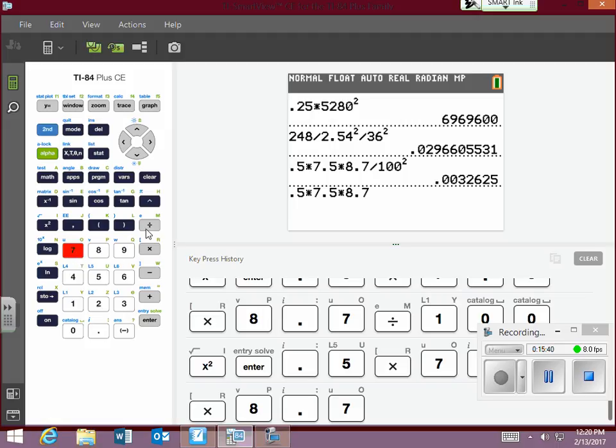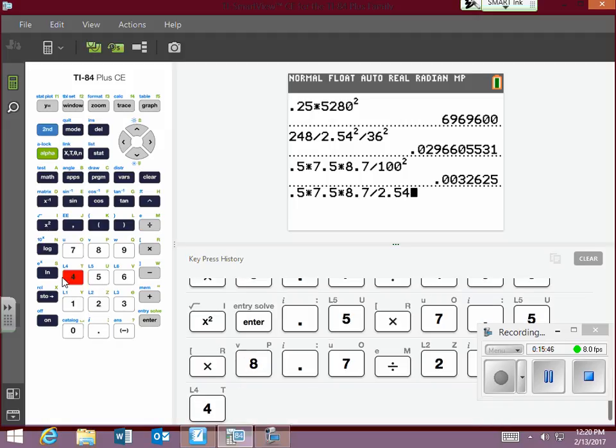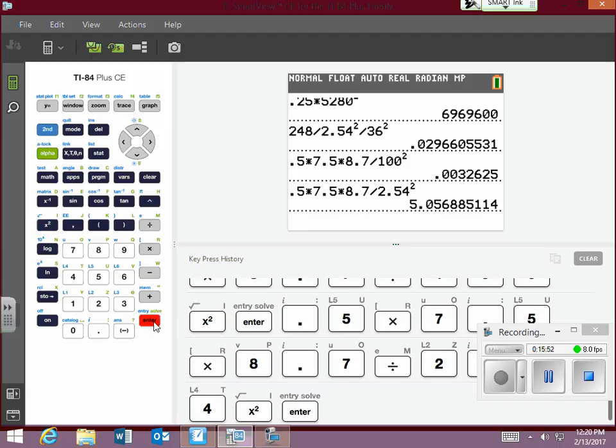That's divided by 2.54 squared. So that's 5. They said round to the nearest tens, hundreds, thousands, tens of thousands.